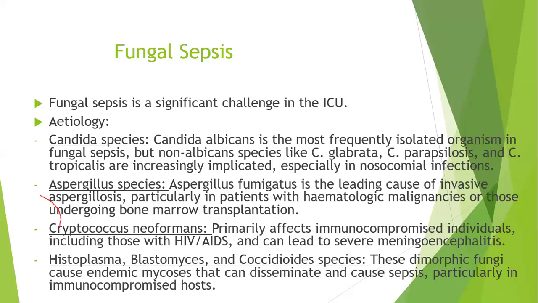This is a very important fungal species in immunocompromised individuals, and they can cause cryptococcal meningitis. Other fungal agents are the dimorphic fungi, which can cause endemic mycosis that can actually lead to disseminated candidemia and sepsis, especially in patients with low or weak immune system.